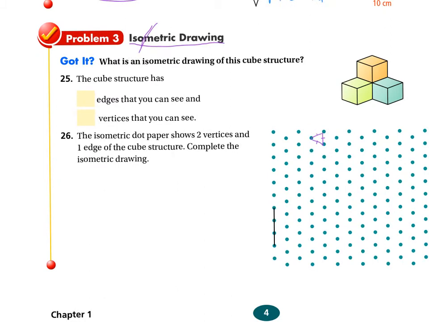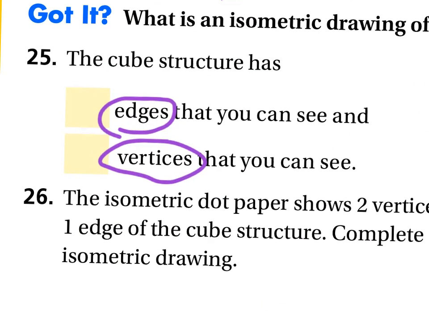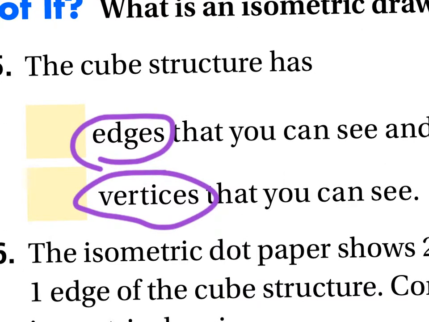Okay, the cube structure has how many edges? So first we have to define what an edge and a vertex are. So edges and vertices. Okay, so number 1, the edges are the lines, or more specifically, the line segments. The line segments. Okay?